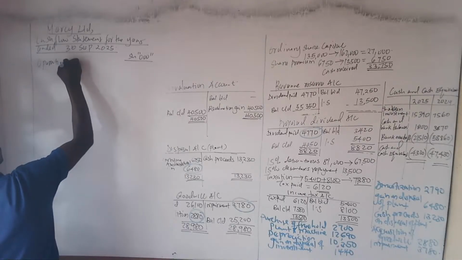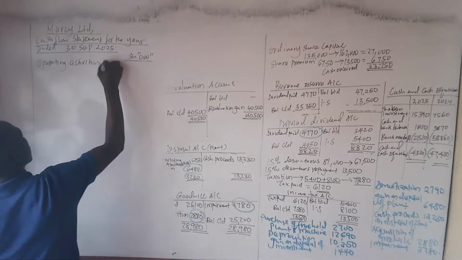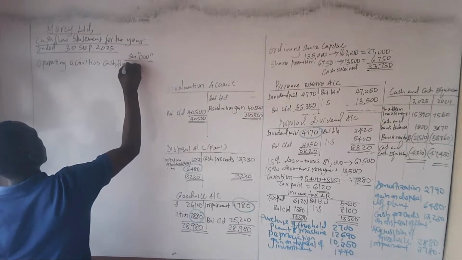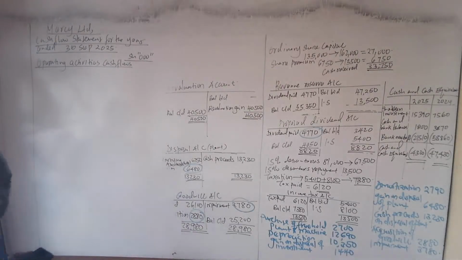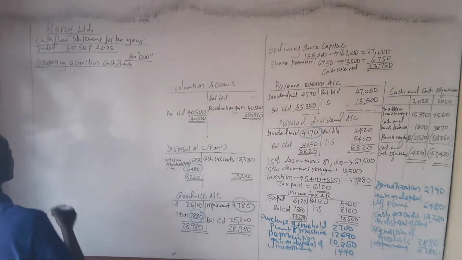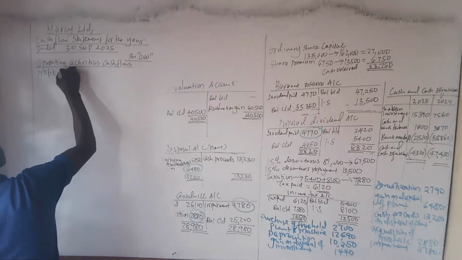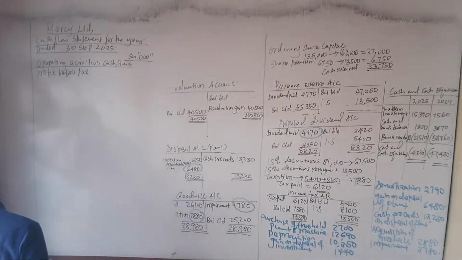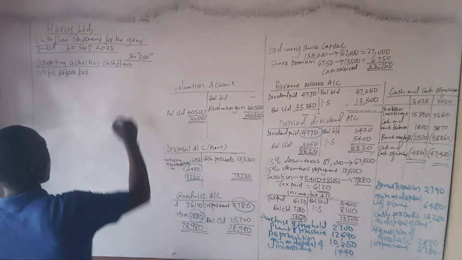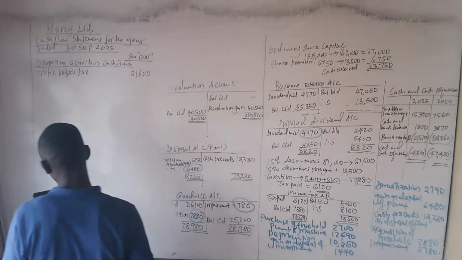So we start with operating activities cash flows, and under operating activities we are going to start with the profit before tax, which was given as 21,600.